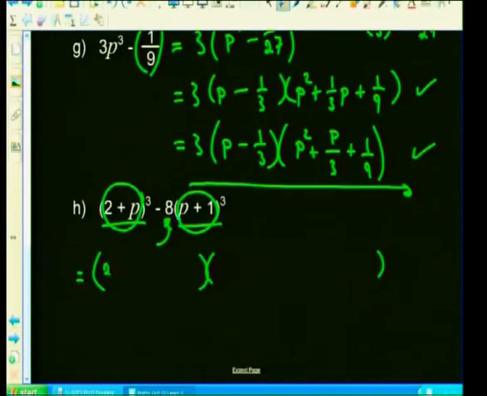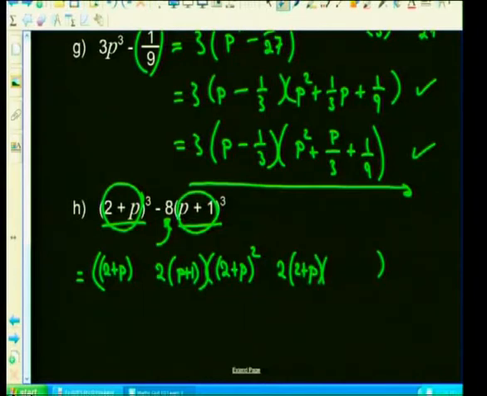Here we go. Well, first will be our 2 plus p. Second will be our 2 into p plus 1. First squared will be 2 plus p squared. First times second will be 2 into 2 plus p and p plus 1.